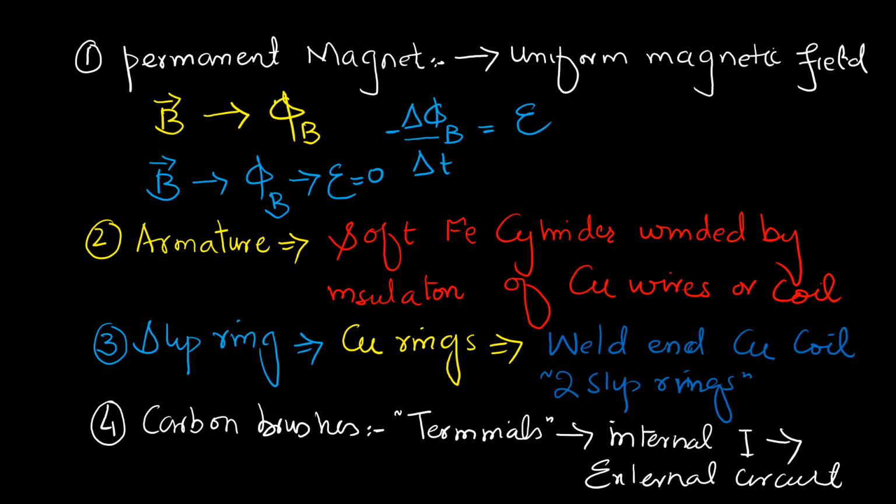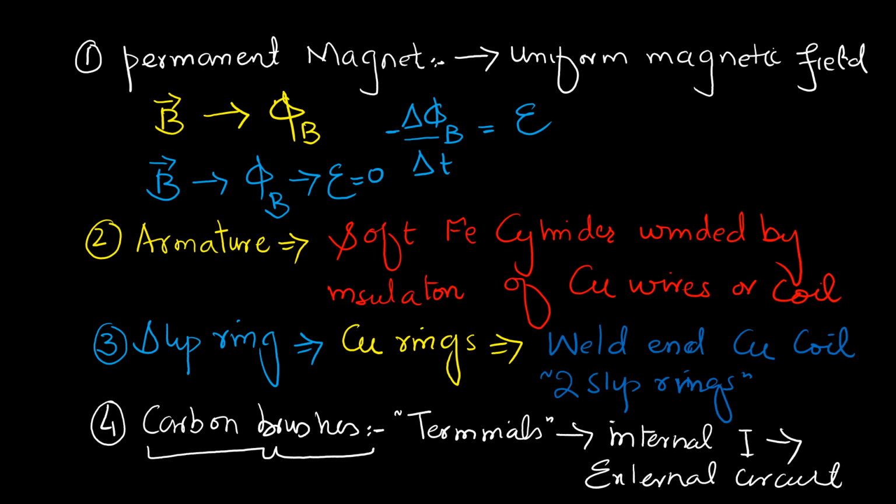So basically the carbon brush acts as a terminal, and it provides the current gained from the inside of the AC generator to the external environment.